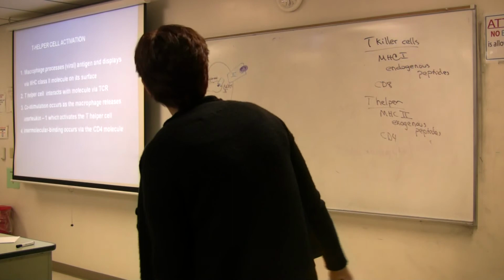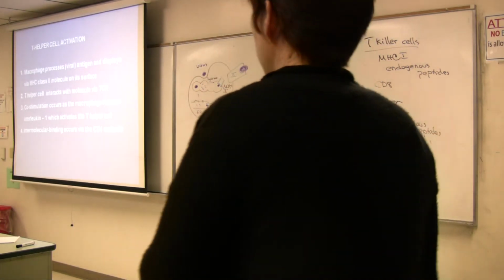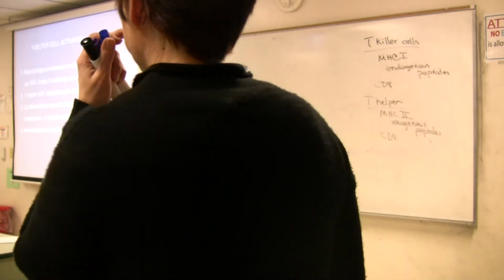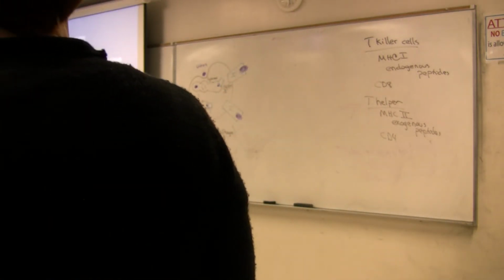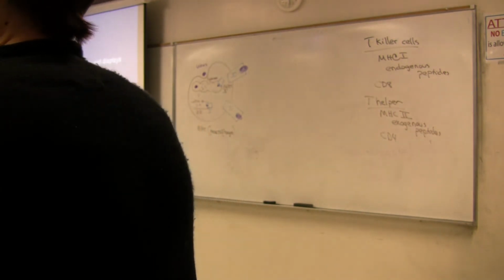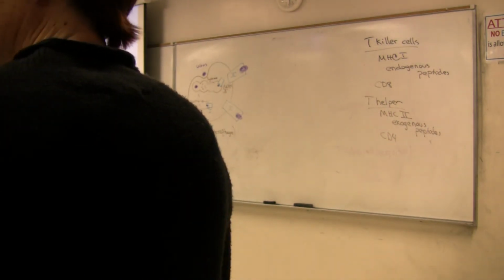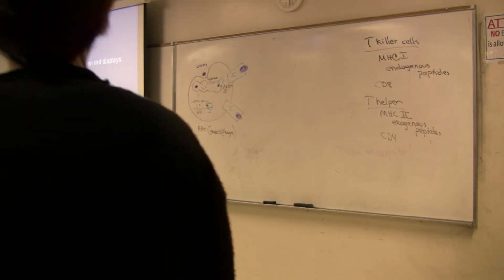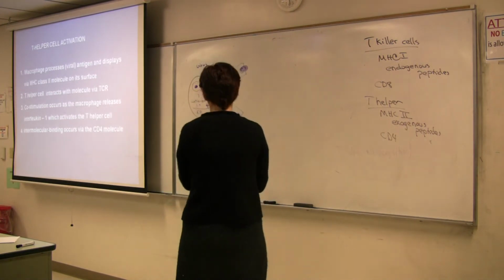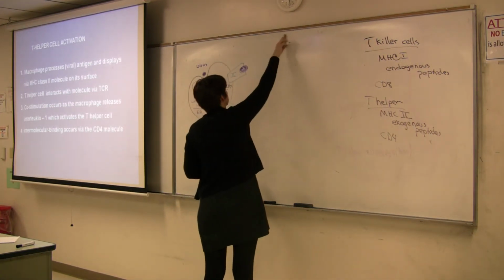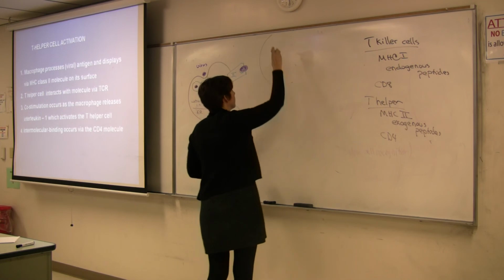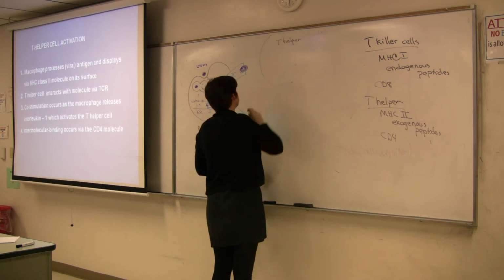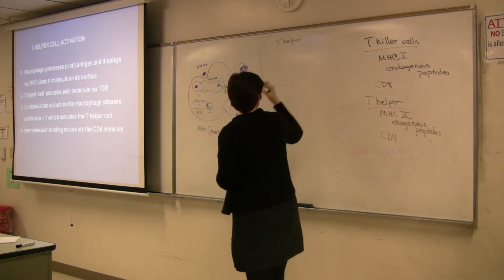Okay? So, is our T helper cell going to recognize the MHC2 or the MHC3? I'm sorry, MHC2 or MHC1? T helper, 2. So here is a naive or unreacted T helper cell.